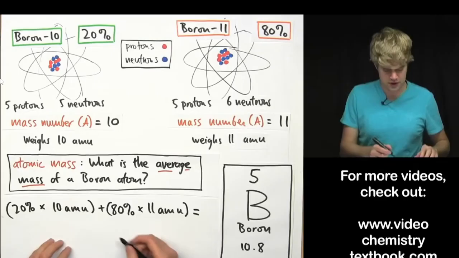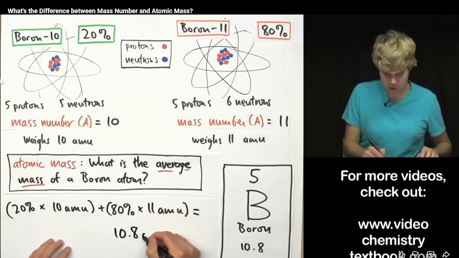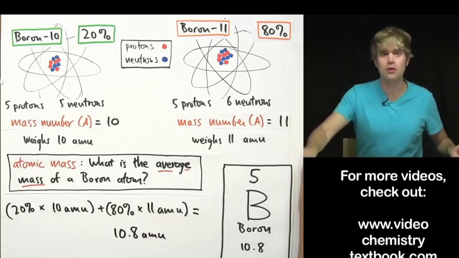What is 20% as a decimal? 0.2. What is 80% as a decimal? 0.8. So when you plug it into your calculator, you would do 0.2 times 10, and then plus 0.8 times 11. We end up with 10.8 AMU.